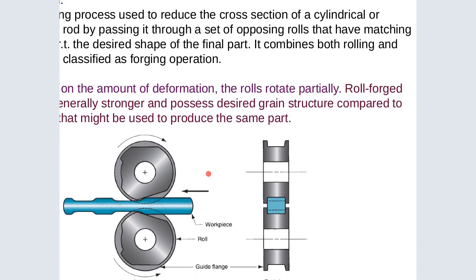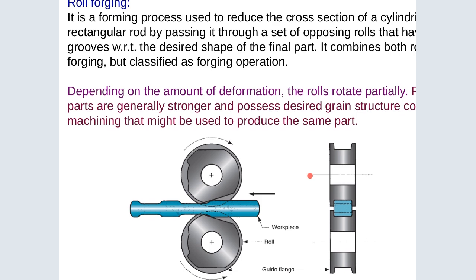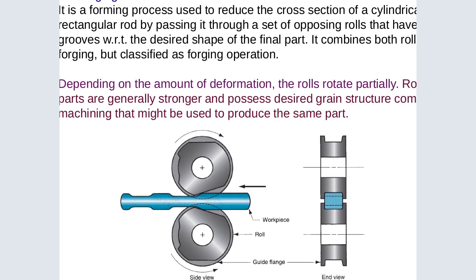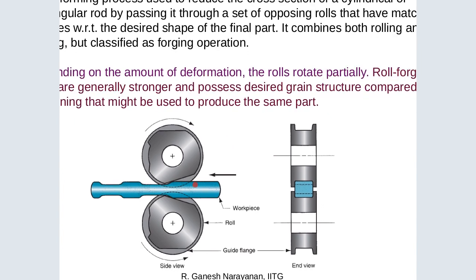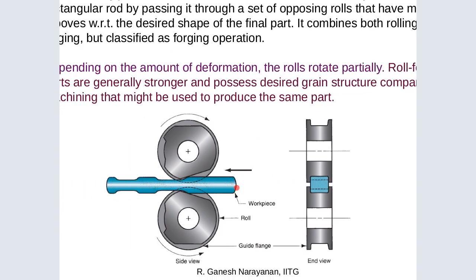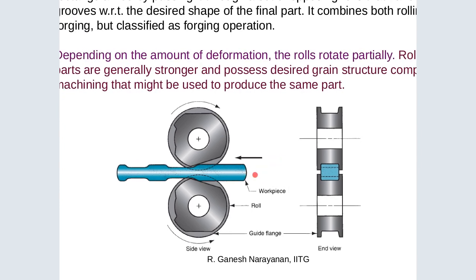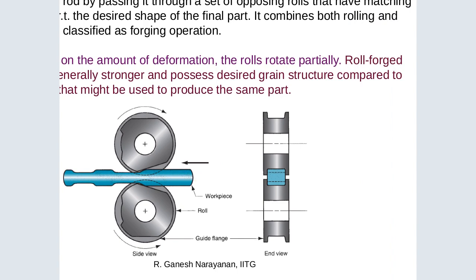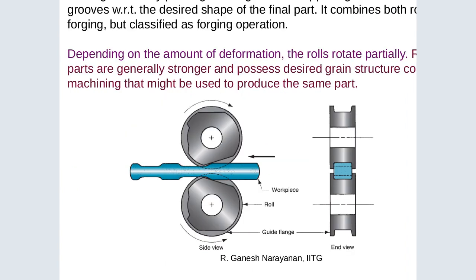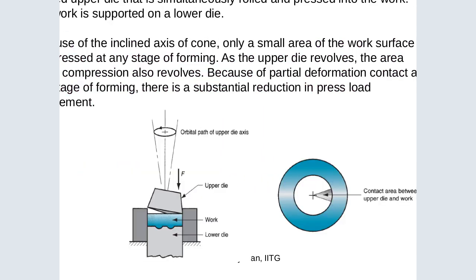Now it combines both rolling and forging and is classified as a forging operation. Depending on the amount of deformation, the rolls rotate partially. The roll forged parts are generally stronger and possess a desired grain structure compared to machining that might be used to produce the same part.